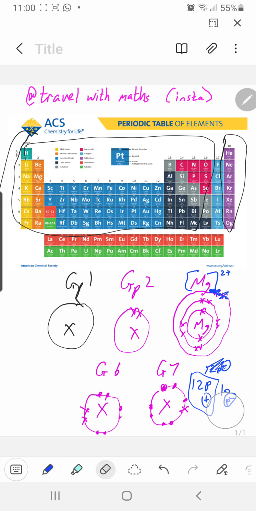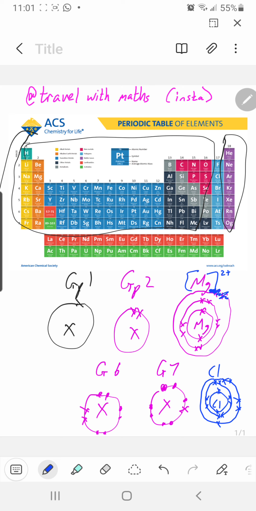Okay, all right. Now we can go back to, no, let me just do one for a non-metal as well. So for example, chlorine is in group 7, so it has atomic number 17. So 1 2 3 4 5 6 7 8 9 10, 17.